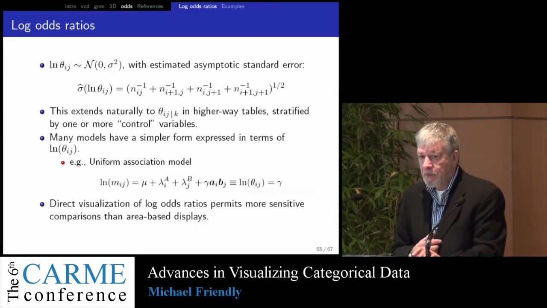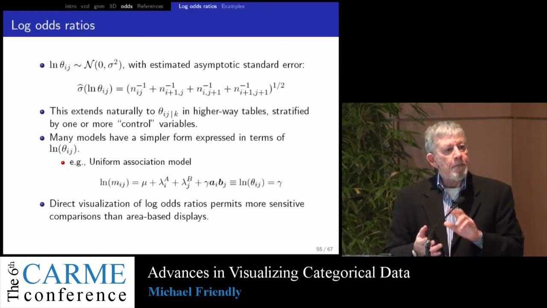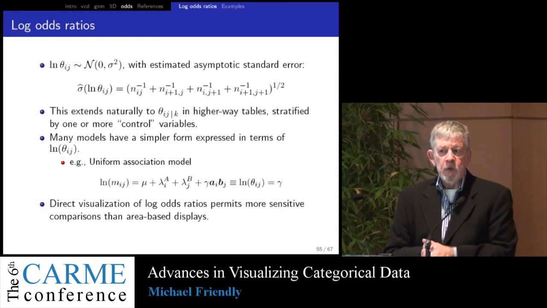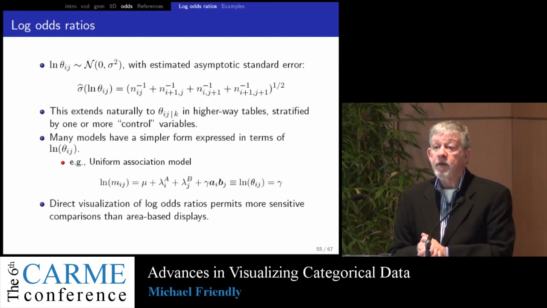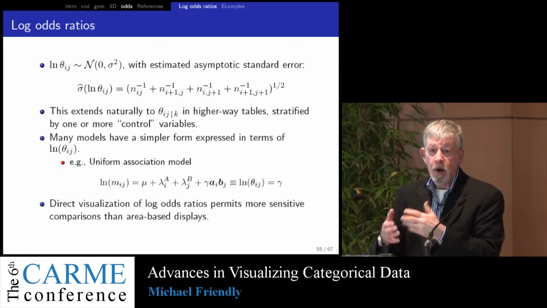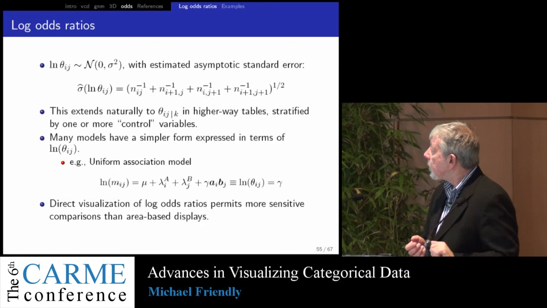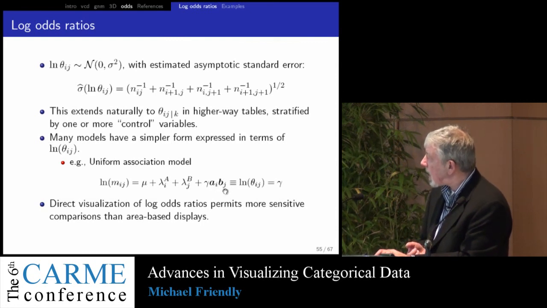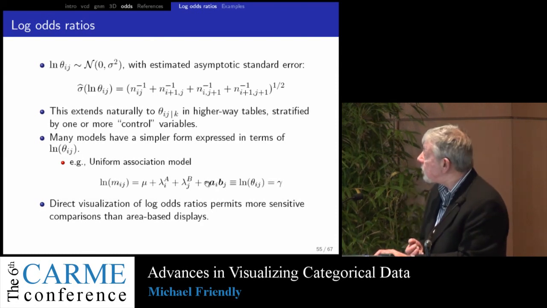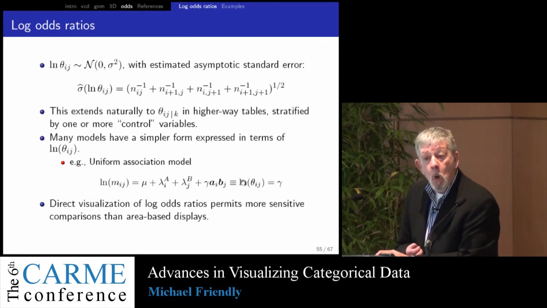I'll just point out that my interest in this is that many models for 2, 3, 4-way tables have a much simpler form when expressed directly in terms of odds ratios than, for example, as a log linear model or as a generalized linear model. So the model of uniform association, shown here with fixed scores for the rows and fixed scores for the columns, a single association parameter, what that really means is that the odds ratio for all adjacent categories is a constant.